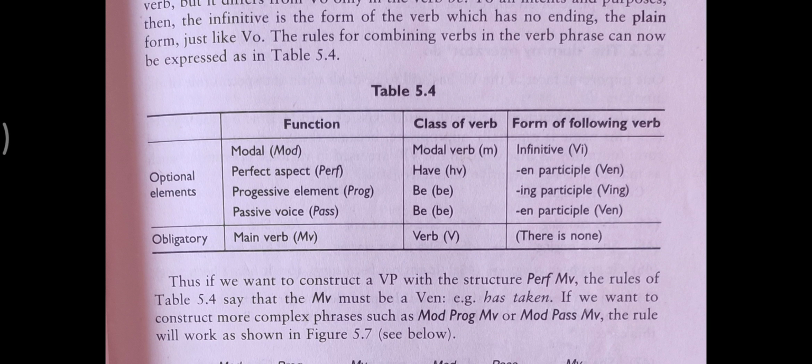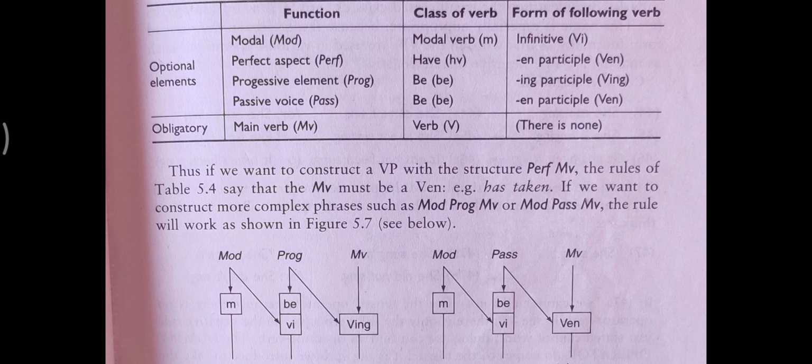The function that we can see is in this particular chart that you have to go through. Perfective aspect is VN form, progressive aspect is ING form, passive aspect is EN form, followed by the main verb.